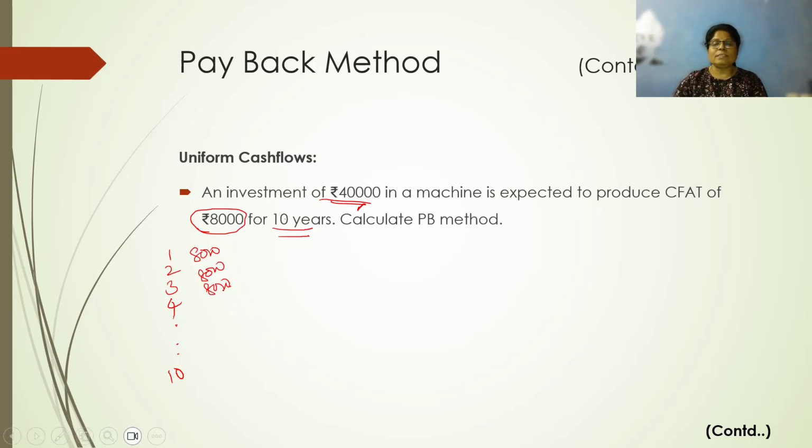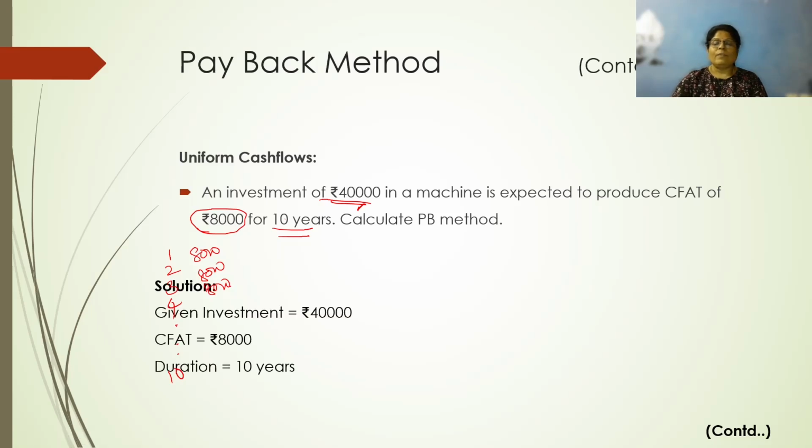So at this point we use the formula given, that is the investment divided by constant annual cash inflow, right? For every problem, first we write the solution if it is not given in a table manner. Given: investment is 40,000, cash flow after tax is 8,000, duration of the project is 10 years.